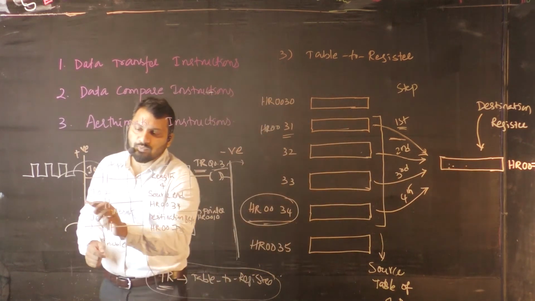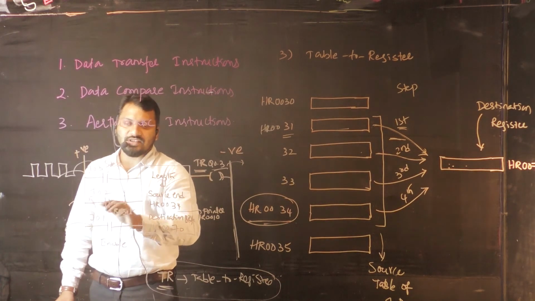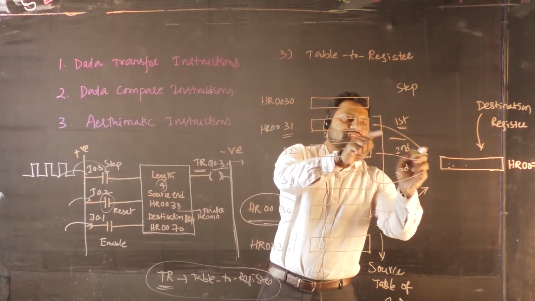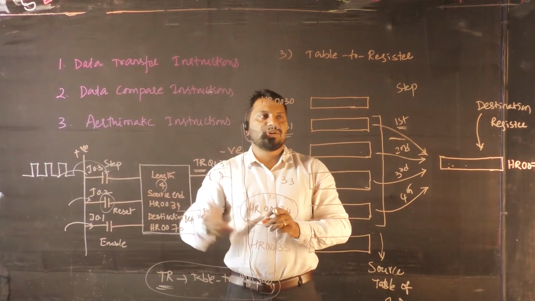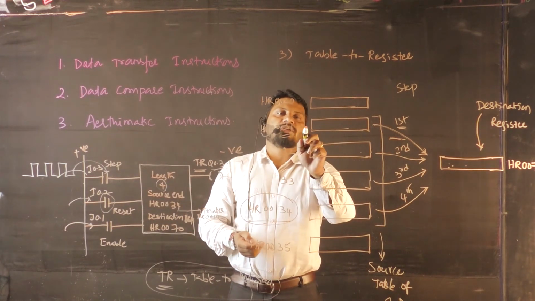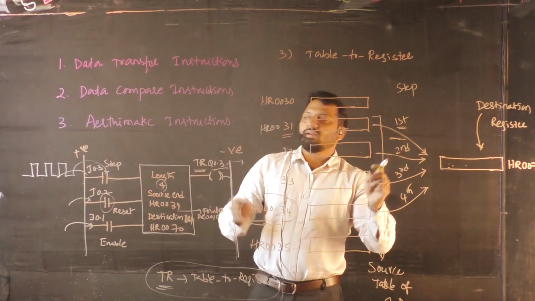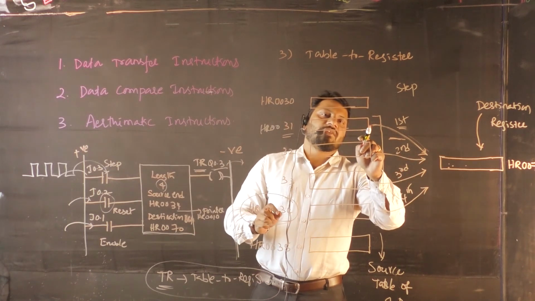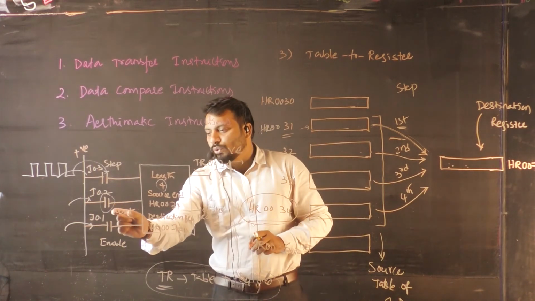So what is this one's function? For example, reset. This contact is used to reset. For example, after data transfer of first register data and second register data, if you want to reset, you can reset. Once you reset, once again it comes back to here. From there, once again by the next step, data transfer will take place from this register to this register. So this is used to reset.